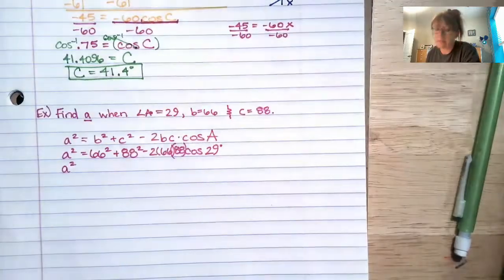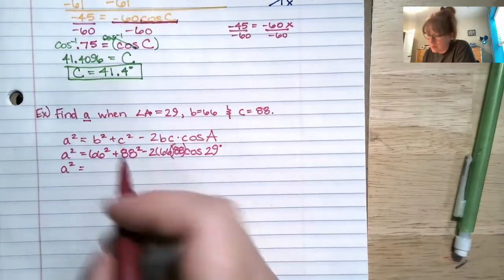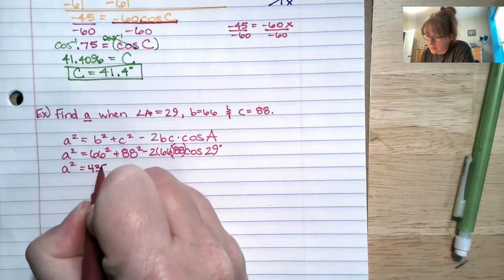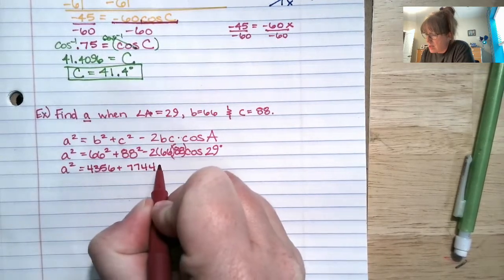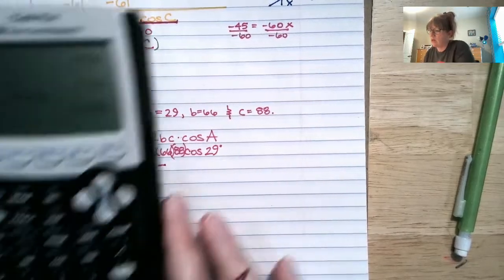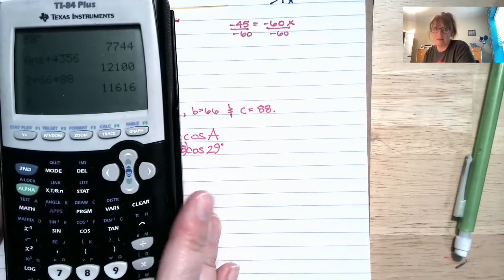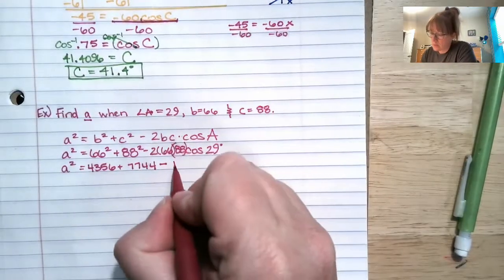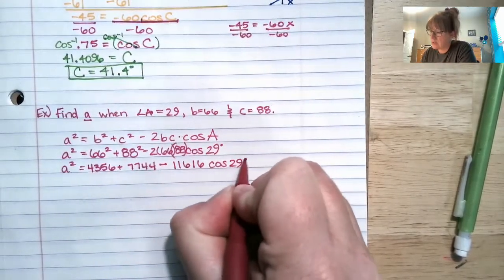So we get 4,356 and 7744. Minus, let's go ahead and figure out what 2 times 66 times 88 is. We get 11616 cosine of 29 degrees.